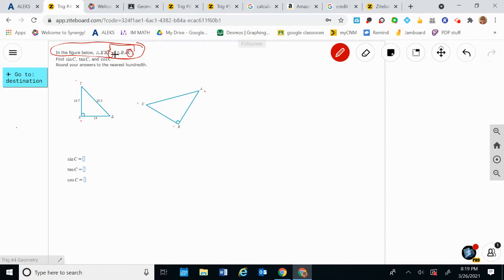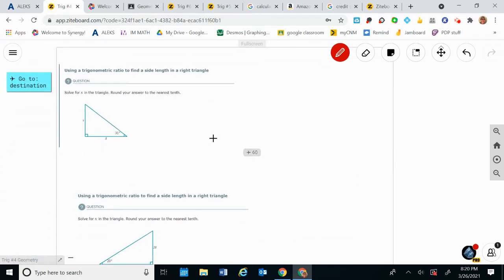B is with X. So C corresponds with Z. This is opposite, hypotenuse, adjacent, and then you would just find these. I'm not going to go over them. I tested you guys. You did well. I don't think you need to copy this down in your notes.